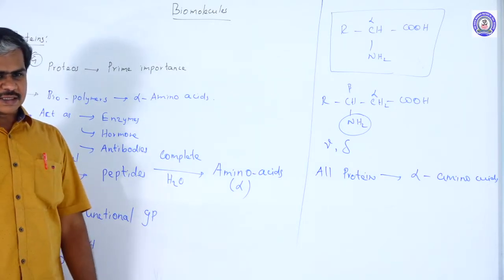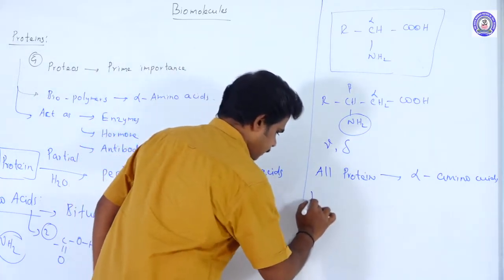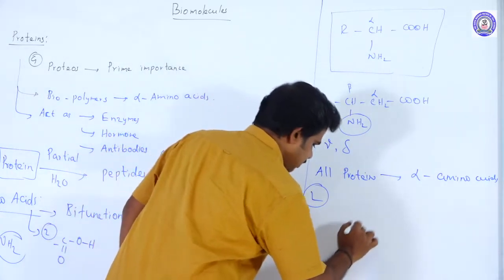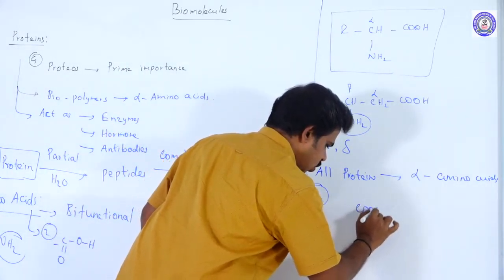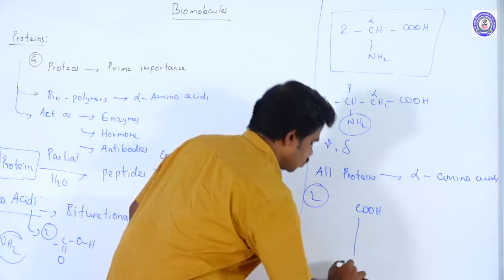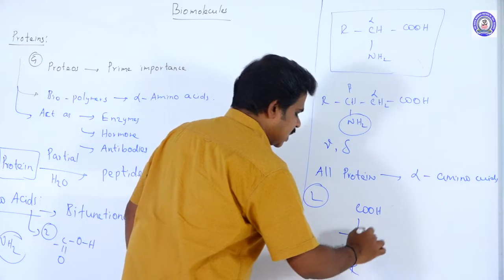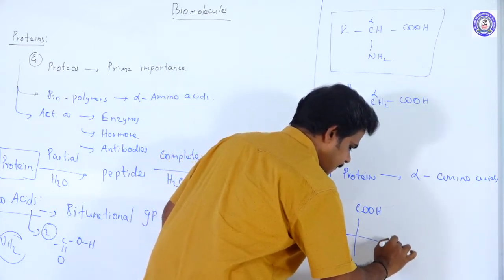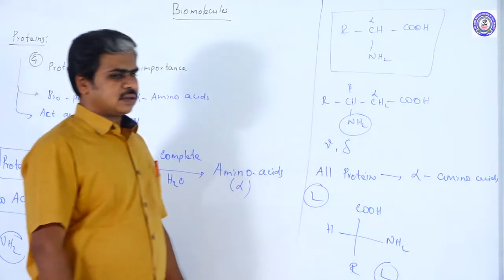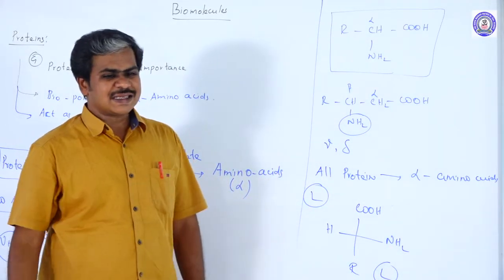Alpha amino acids, and here all are in the L configuration naturally. L means the COOH group, the oxidizing group, is at the top, and the reducing group R is at the bottom. Here the NH2 group is on the left and hydrogen on the right. Then if it is reversed, it is the D configuration.